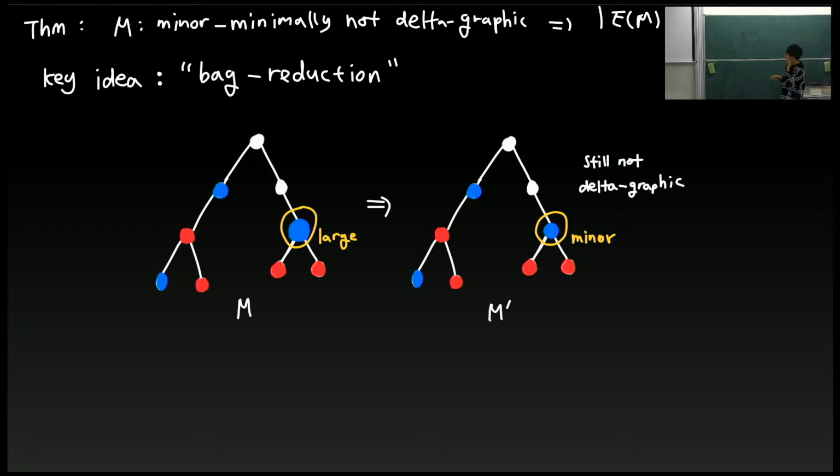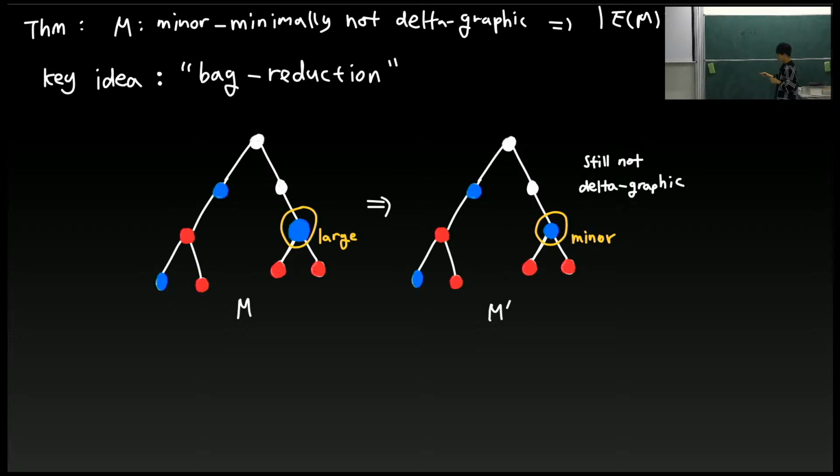So if there is a bag with large size, we want to reduce the corresponding matroid to its minor, so that the reduction, meaning matroid deletion and matroid contraction, does not change the tree decomposition structure, and also the color of this reduced bag.